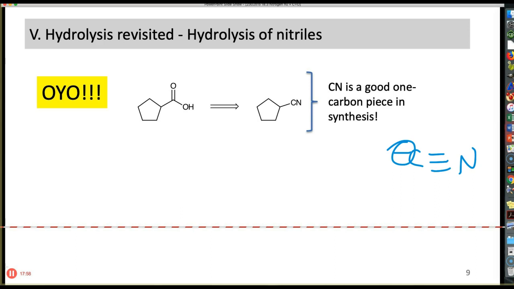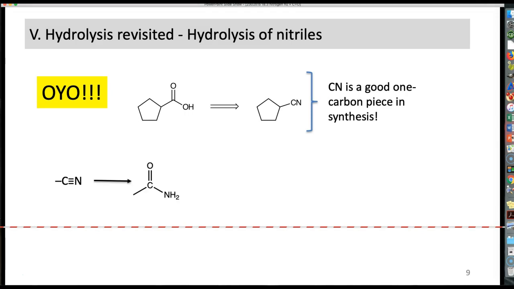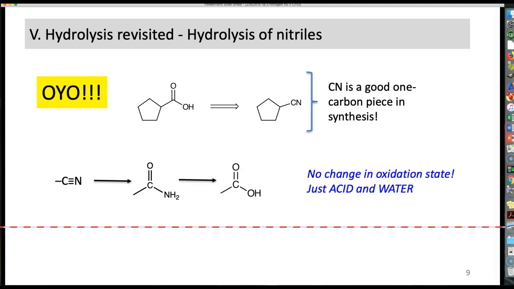SN1, SN2, cyanohydrin formation, they're all good. So CN is easily hydrolyzed into the amide, which is easily hydrolyzed into a carboxylic acid. It's not an oxidation, it's not a reduction, it's just acid and water converting nitrile to amide to acid.